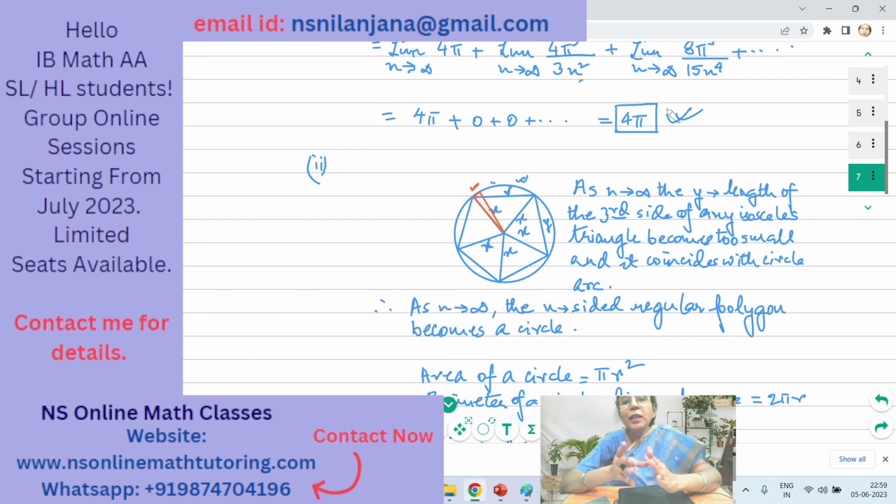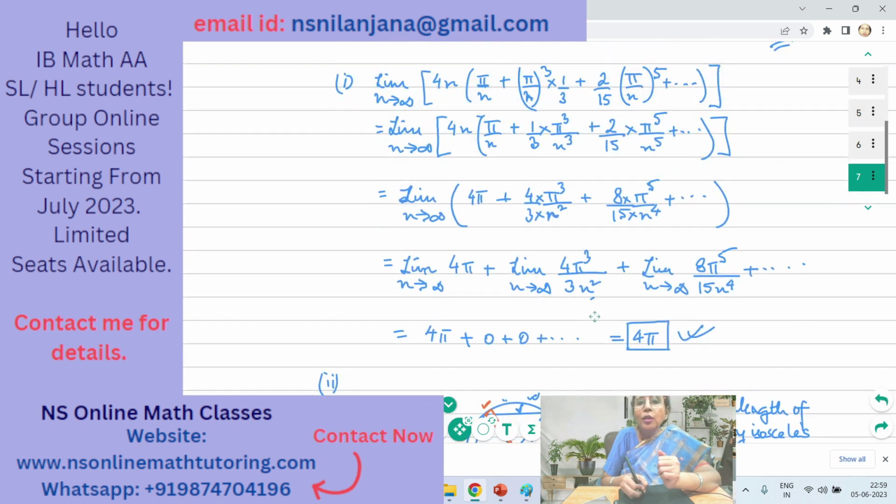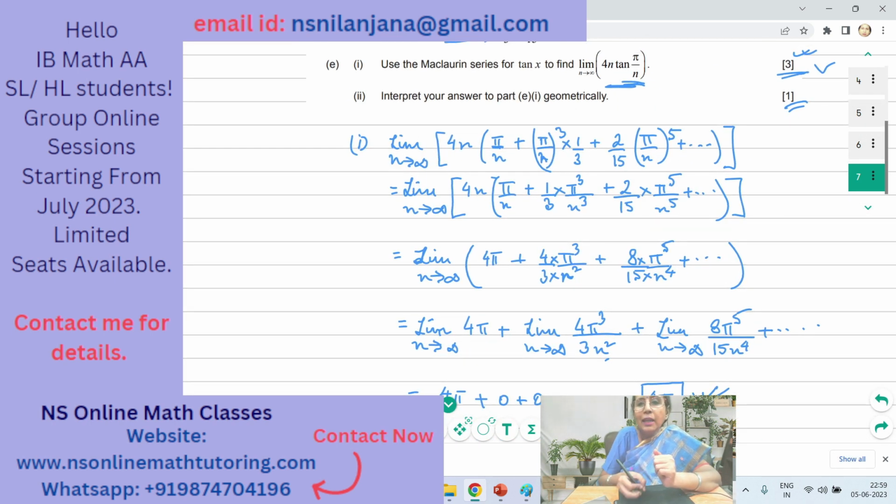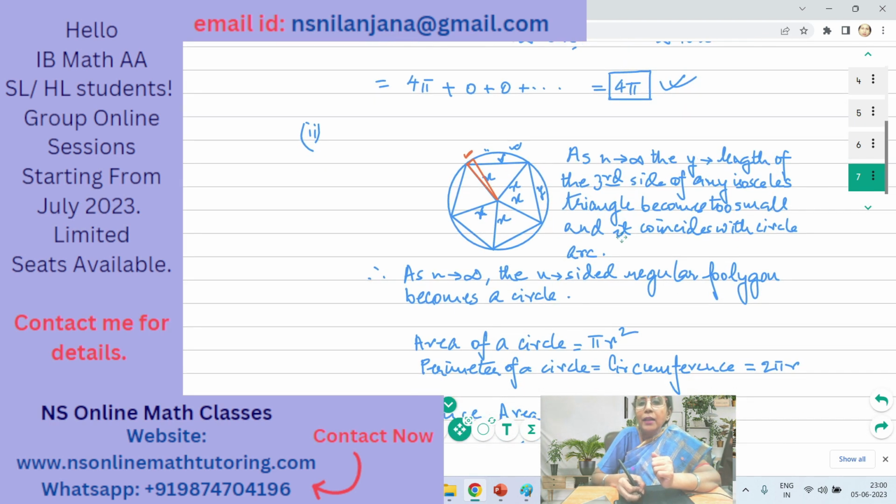As n was tending towards infinity, we found the perimeter expression that we had found. That was 4n tan pi over n. Let me show you once more. 4n times tan pi over n as limit n tends to infinity is equal to 4 pi.